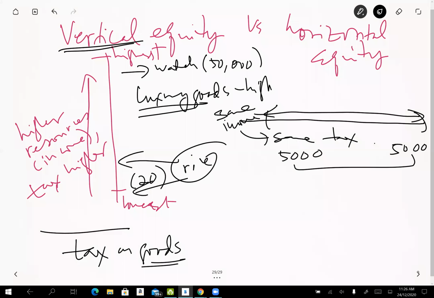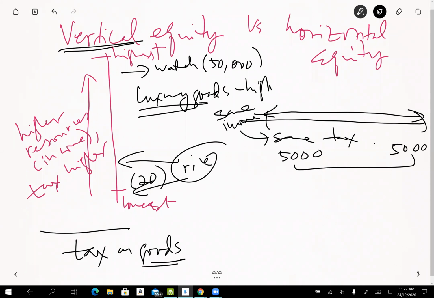So there are two measures of equity. Vertical can intuitively be seen. But horizontal is not that straightforward, because if you and I have the same income, we pay the same taxes. I myself cannot relate how that is fair.